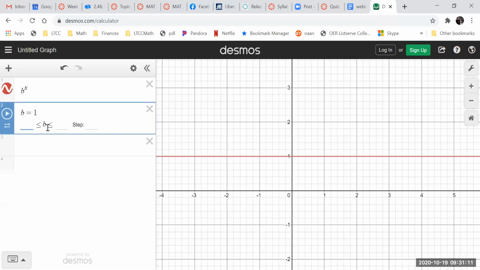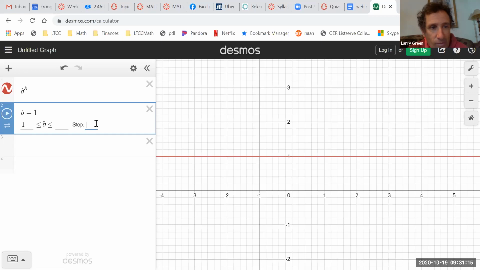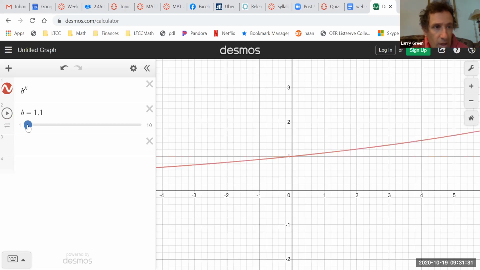And negatives are bad, by the way. Let's start at 1. Let's end at 10. Whoops, 10. And let's go step 0.1. Okay, so right here, for example, look at that slope.